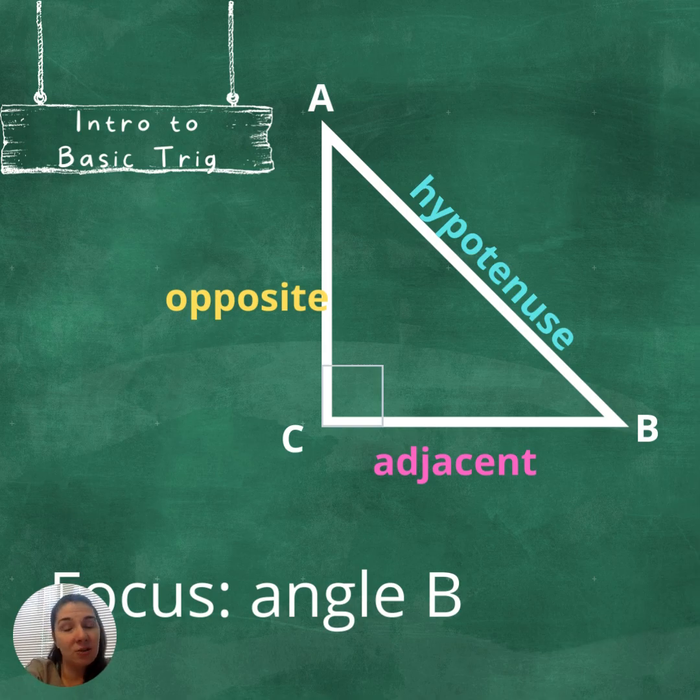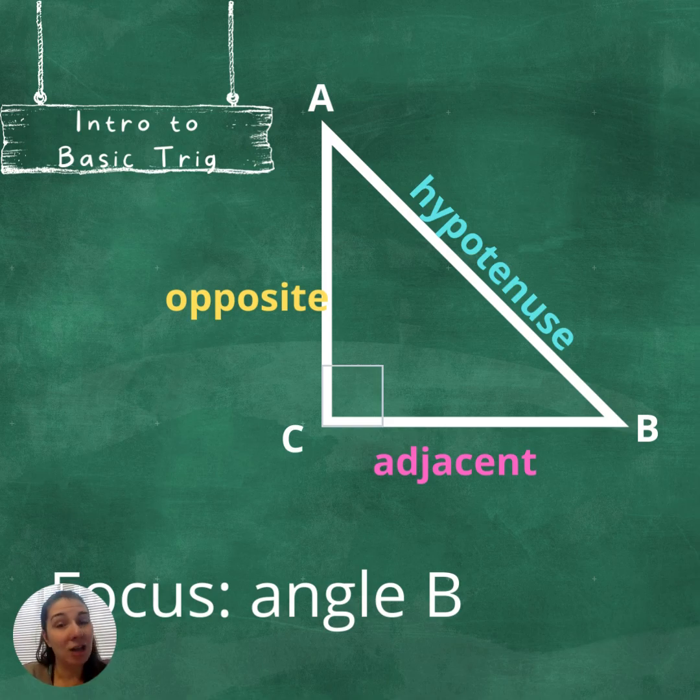In this case, the focus is on angle B. The opposite side of angle B is the side across from angle B. If you start at angle B and go across from it, you hit side AC. An interesting thing to notice is that the opposite side will not possess the letter of the angle. So side AC doesn't have a B in it.